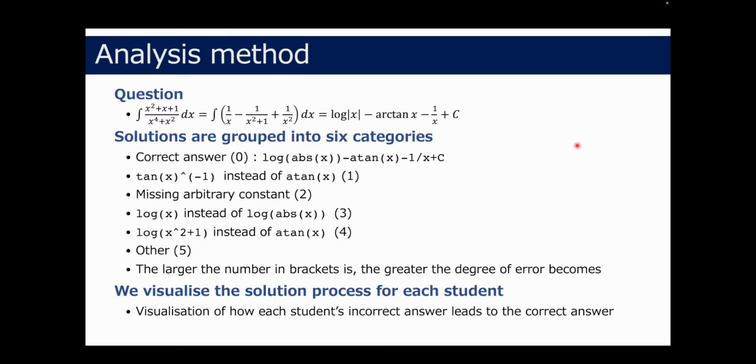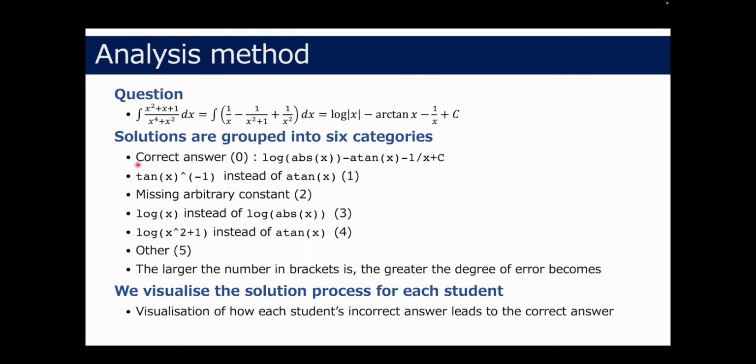Analysis method. We also use the question of integration of this rational function. We grouped students' solution into 6 categories. The numbers in brackets indicate the degree of error, which means that the larger the number in bracket is, the greater the degree of error becomes.